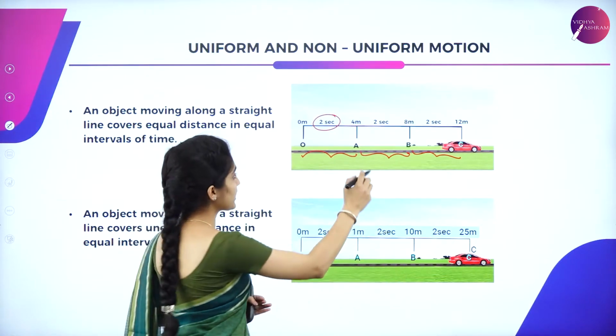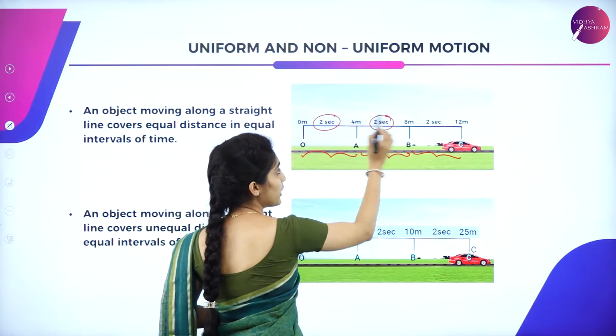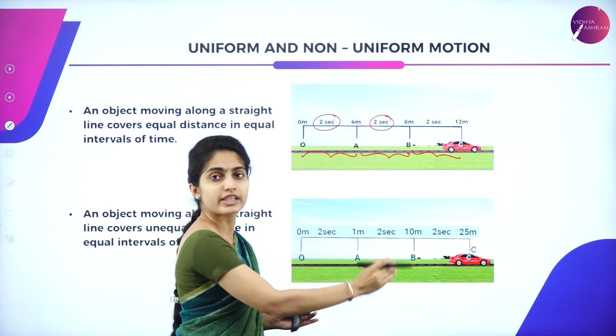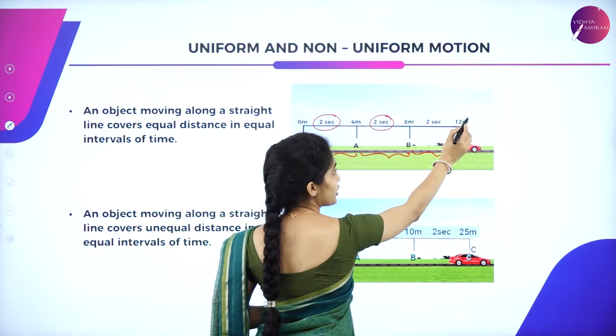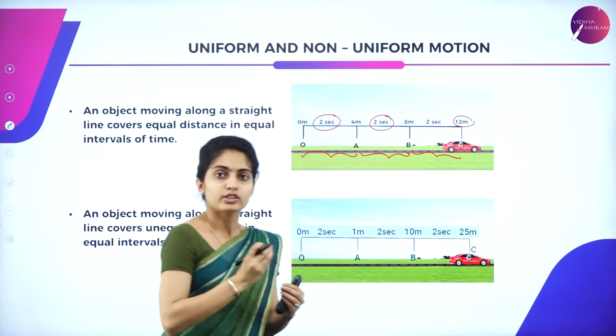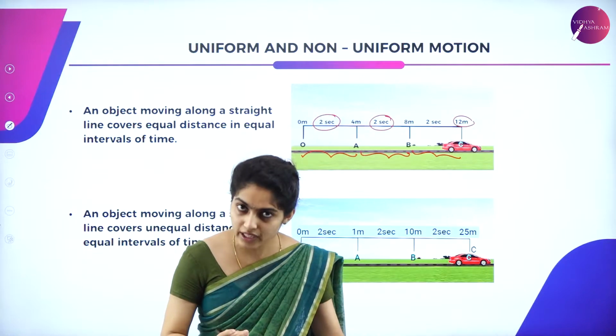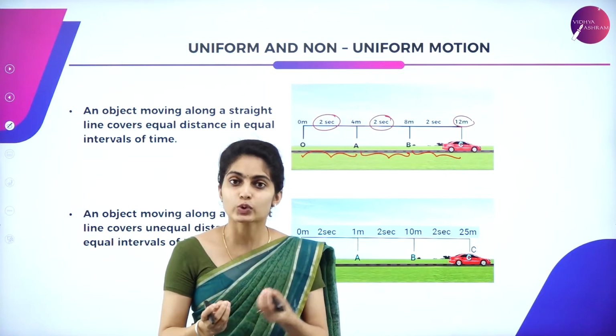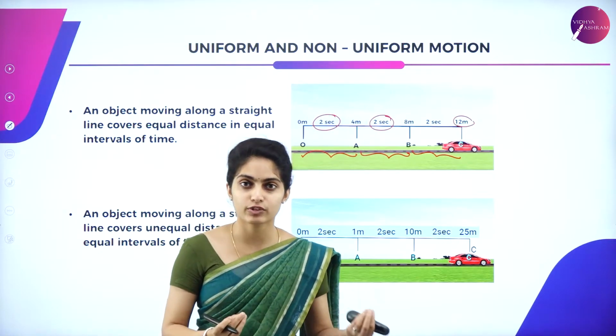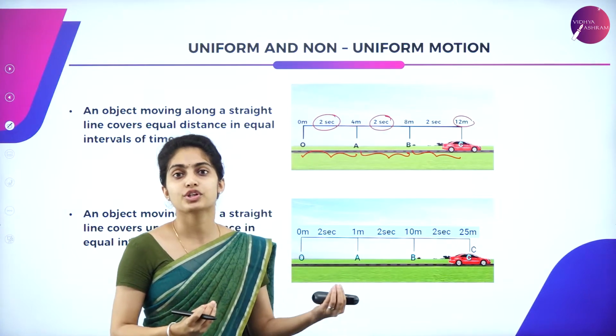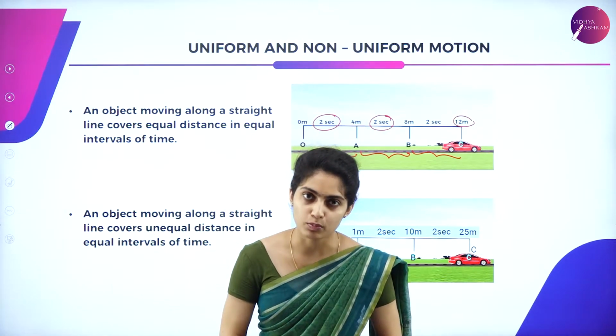Again in 2 seconds, the car is moving from 4 to 8 meters. Again in 2 seconds, from 8 meters to 12 meters. So it sweeps equal distance in equal interval of time. Such a motion is called uniform motion.